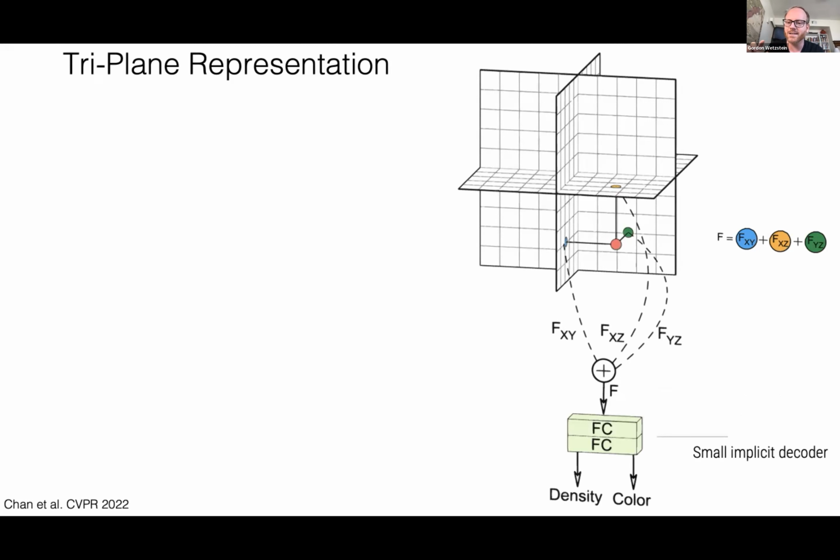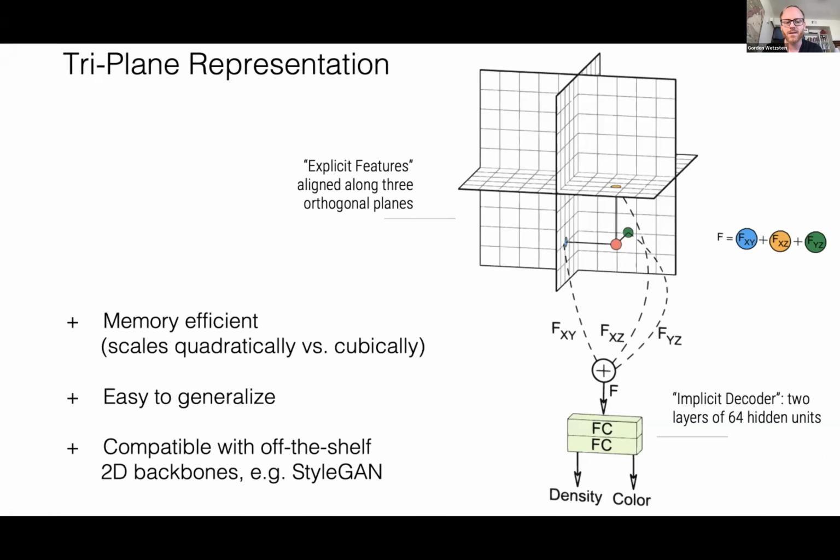So the key idea is to move away from this NeRF representation that has a really large MLP, because it's very slow to evaluate. We need to evaluate it many times, so we move to something that's really efficient and fast. The nice thing about this triplane representation is that it's really memory efficient. If you compare it to a full voxel representation, it scales quadratically with the volume resolution instead of cubically, which is what a dense volume representation would do. It is amenable to generalization, which I'll show you later.